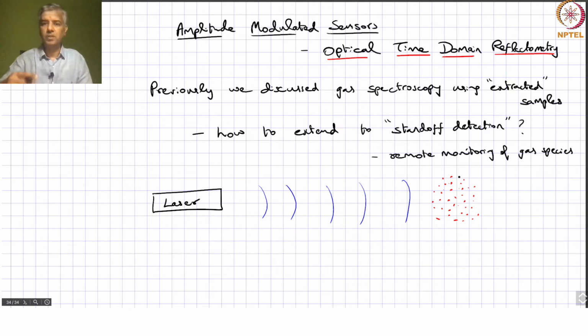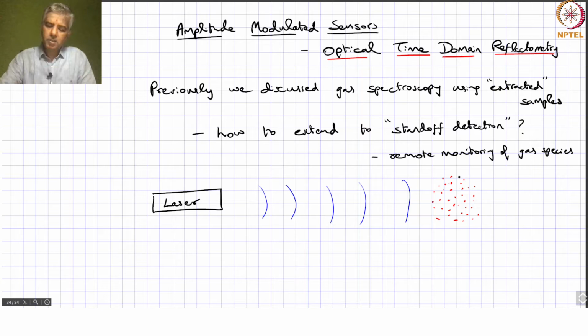If you have one of these probes that have gone out, from that probe you want to shoot this laser beam into the atmosphere of the moon and look at the constituents of that, or we may want to get it right off the surface of the moon and so on, right? So that is the standoff detection that we're talking about.